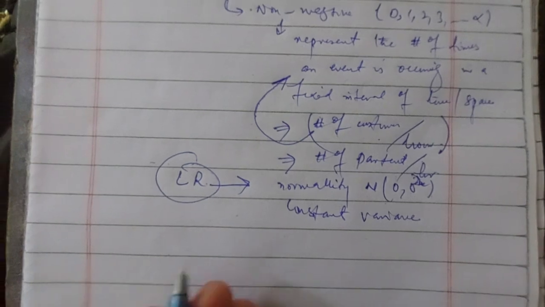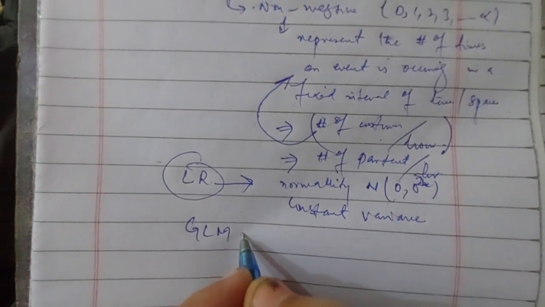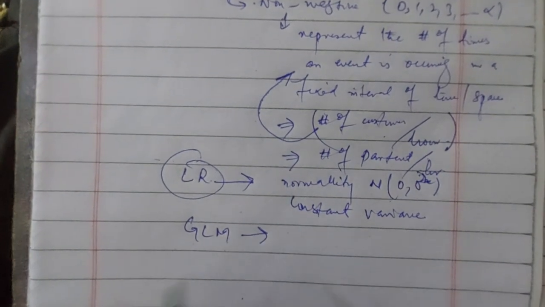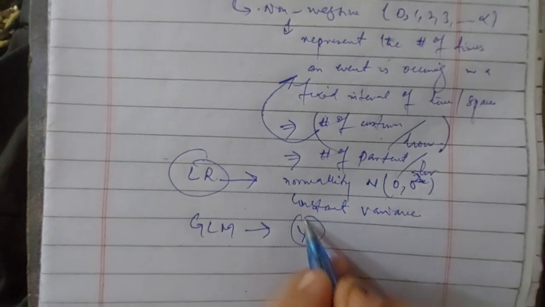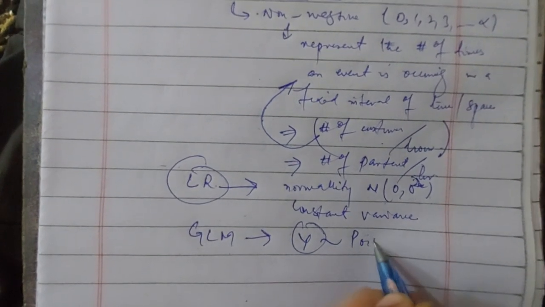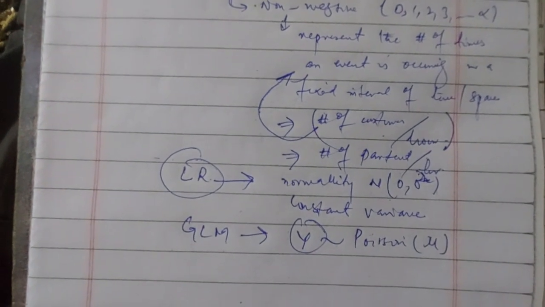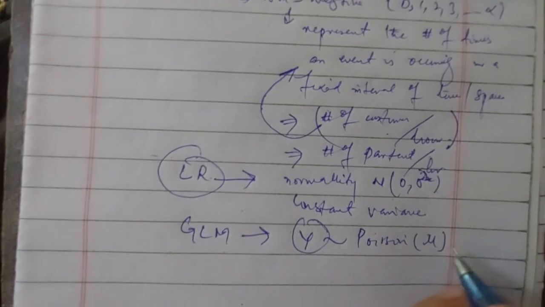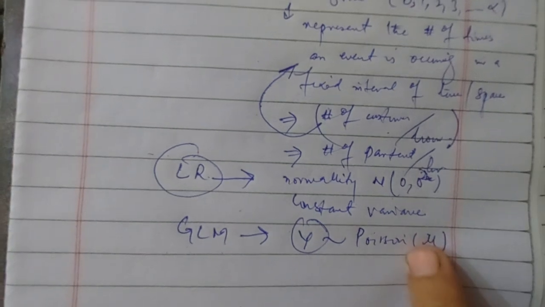But in the Poisson generalized linear model, GLM, we assume that the response variable y follows the Poisson distribution with a mean of mu, for example. This is the basic assumption.